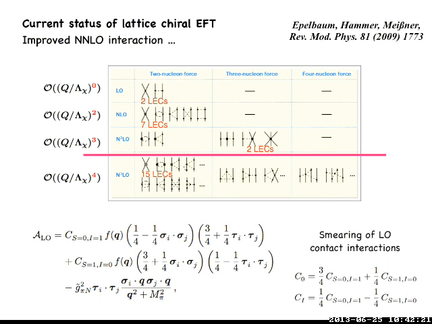In this approach they are unknown, undetermined by the chiral effective theory. Of course, in principle they are calculable if you could solve the full theory. But in this EFT approach they are undetermined, so they are phenomenological. The answer to your question is yes.